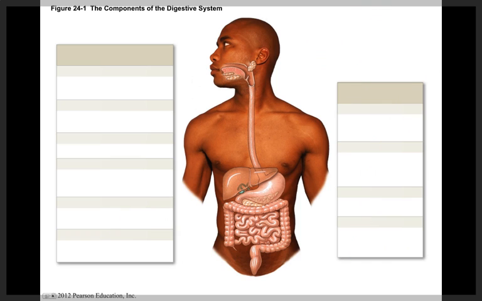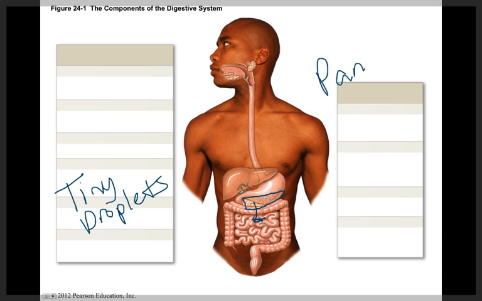And then after that, now we're at tiny droplets in the small intestine, and at that point, this other organ here, again, the pancreas, is going to secrete its enzymes into the duodenum, and the pancreas secretes what's called pancreatic lipase.